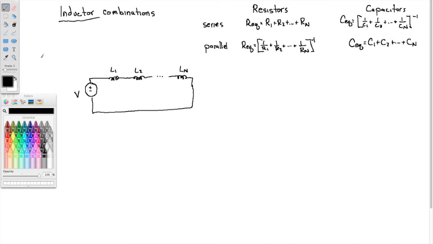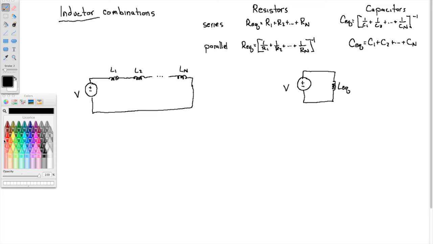And then consider a second circuit over here on the right. Okay, we have the same voltage and one inductor we'll call LEQ.